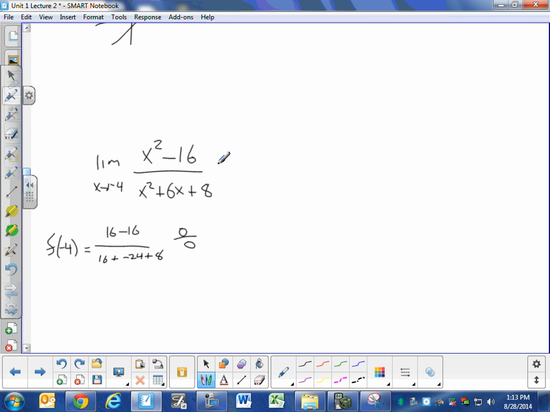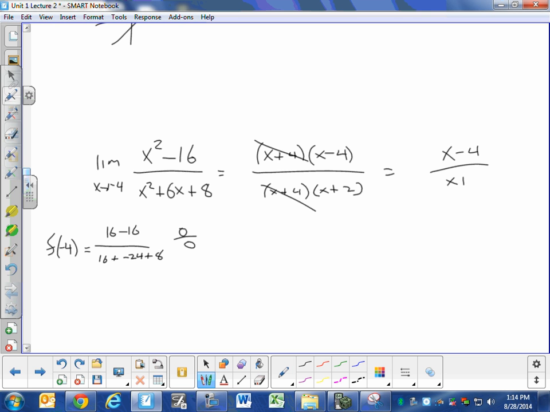All right. So back to algebra. Difference of squares. Now what we're doing is we're removing the problem. We're removing the hole. And this new function that we have left over is the same as the other one with the hole removed.